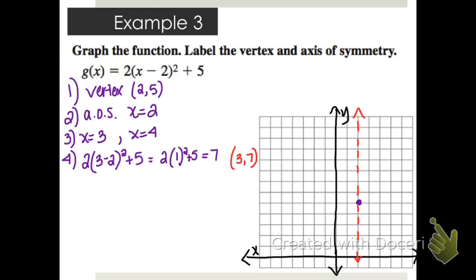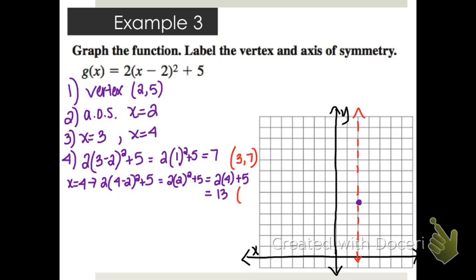So for this one, I'm going to substitute x is equal to 4 into my function. So I get 2 times (4 minus 2) squared plus 5, which is 2 times 2 squared plus 5, which is equal to 2 times 4 plus 5, and that is equal to 8 plus 5 is 13.